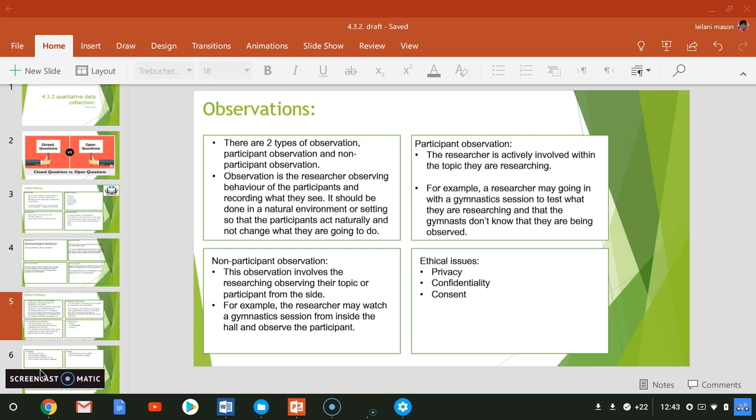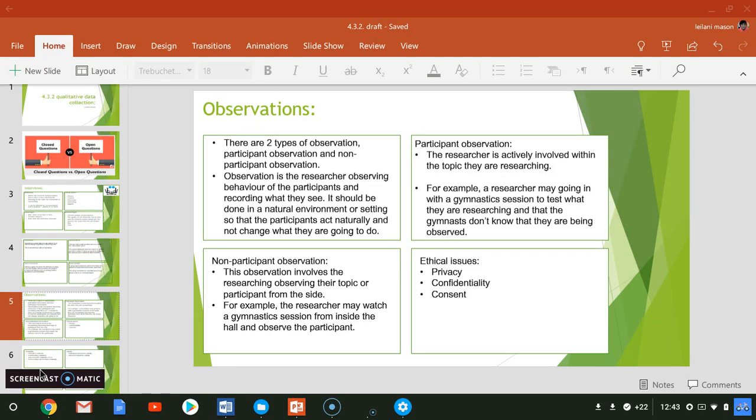But the participant may know that they're being observed, so they might change their opinions and how they deal with this pressure to please the researcher, to maybe make their research better, and it could lead to being more biased.